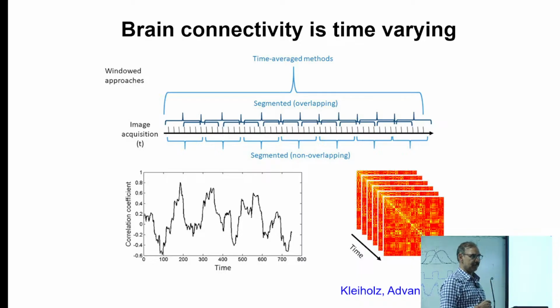By using dynamic connectivity, using non-overlapping, you would get 20 correlation values, right? Because they are non-overlapping between left and right motor cortex. And by using overlapping, you would get 450 correlation values, right?